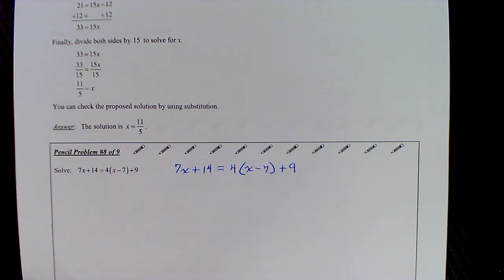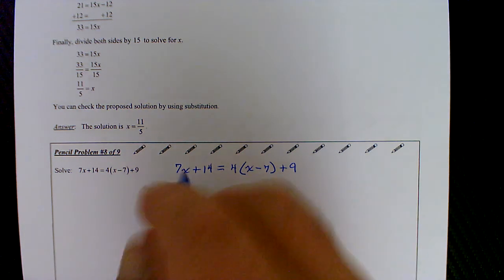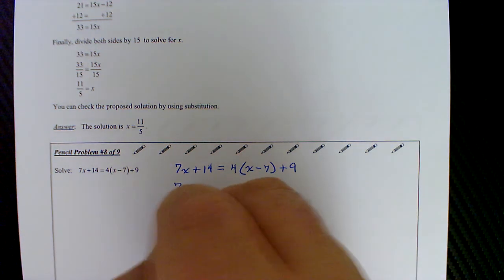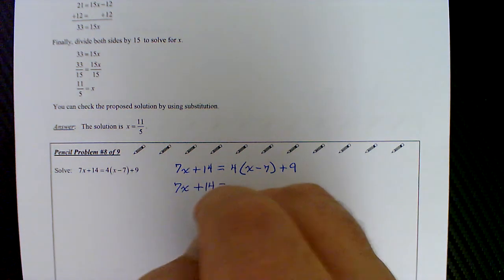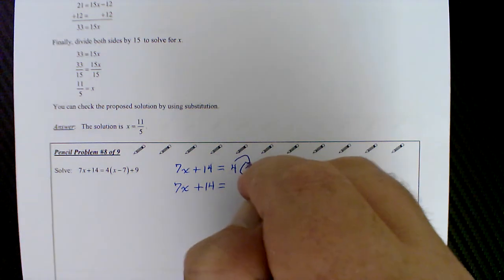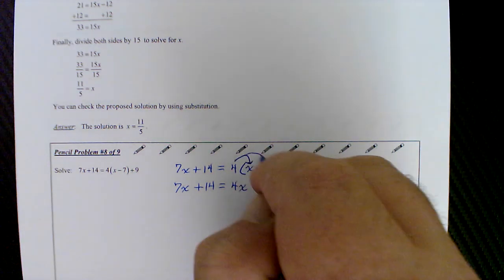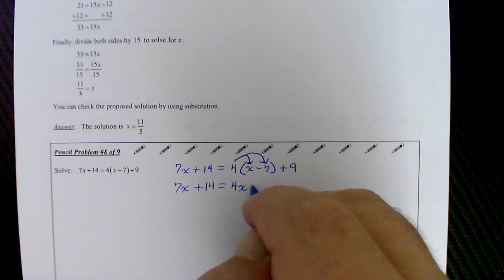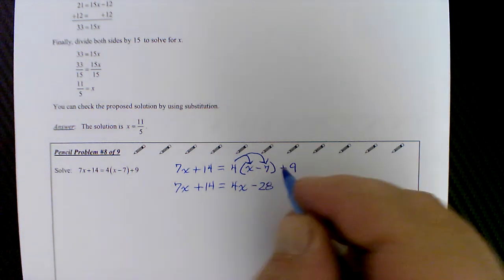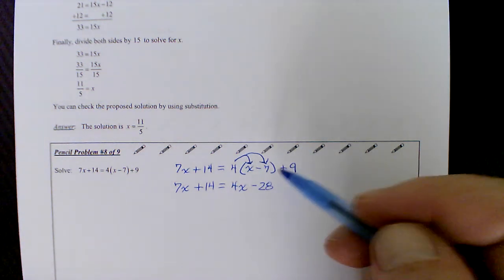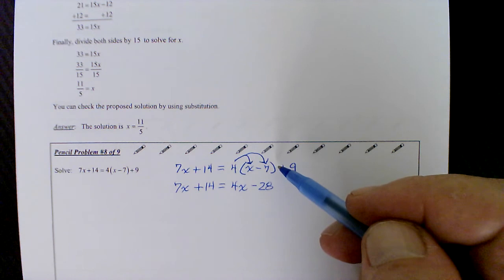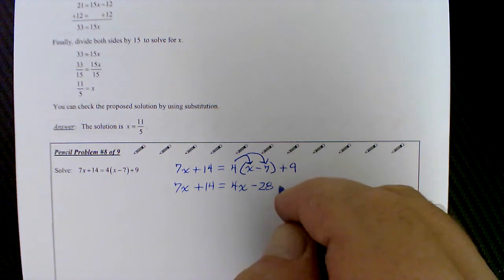Let's recopy everything else. 7x plus 14 equals, the 4 is distributed, times x gives 4x, and multiplied by -7 gives -28. The closure of the parentheses here stops the distribution, so therefore just don't forget to add on the +9.